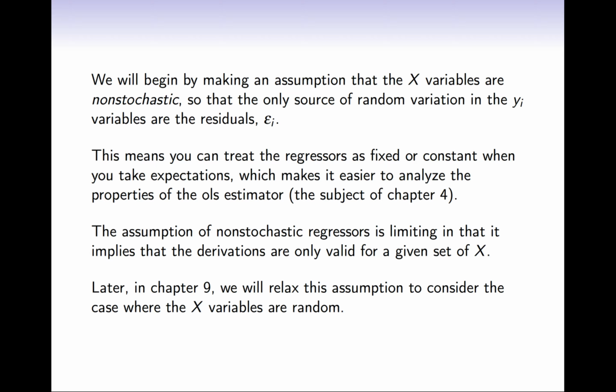This is like the original way the OLS model was analyzed. And then later, we're going to consider a more modern approach where we also allow the x's to be random. But just for simplicity of presentation and understanding, we're going to at first assume that the x's are constant. So in chapter 9, we'll relax this assumption.